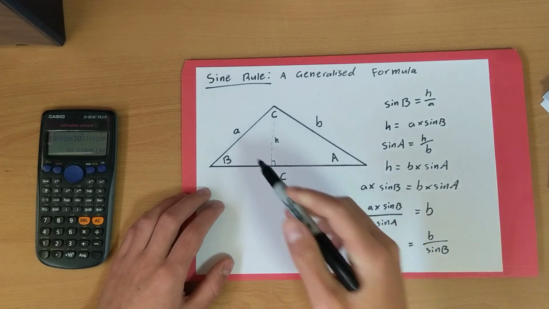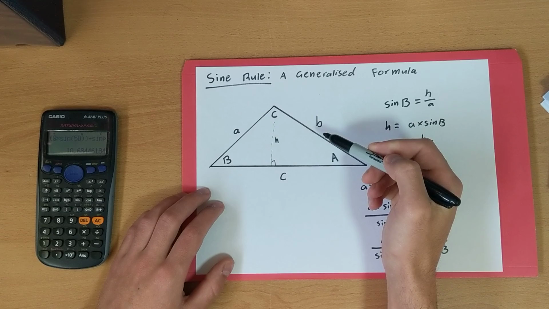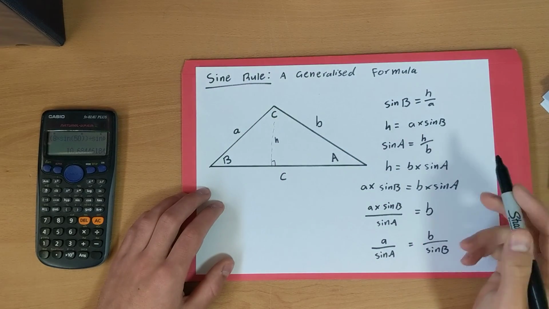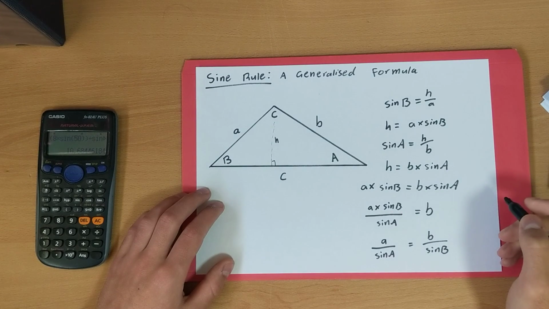Now, if it's true for sides a and b, then it's not so much of a stretch of the imagination to imagine the triangle just rearranged slightly differently, and it would be true for c as well.